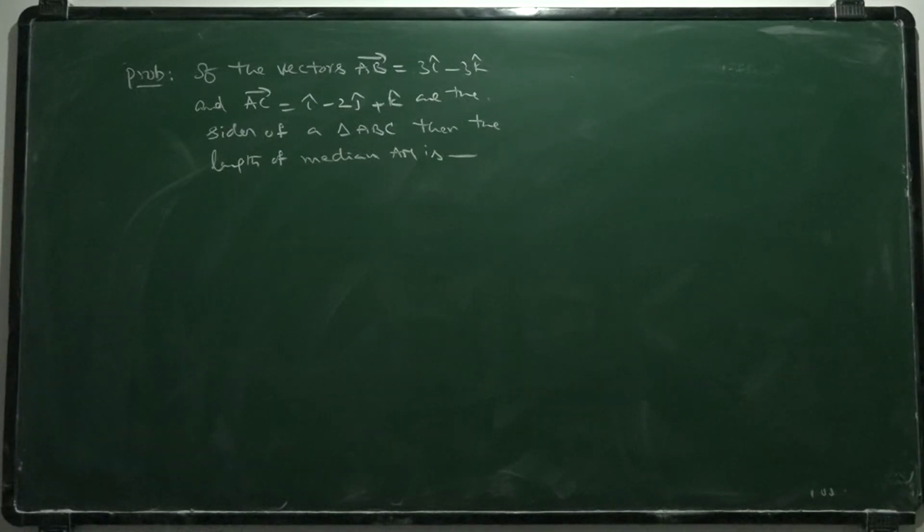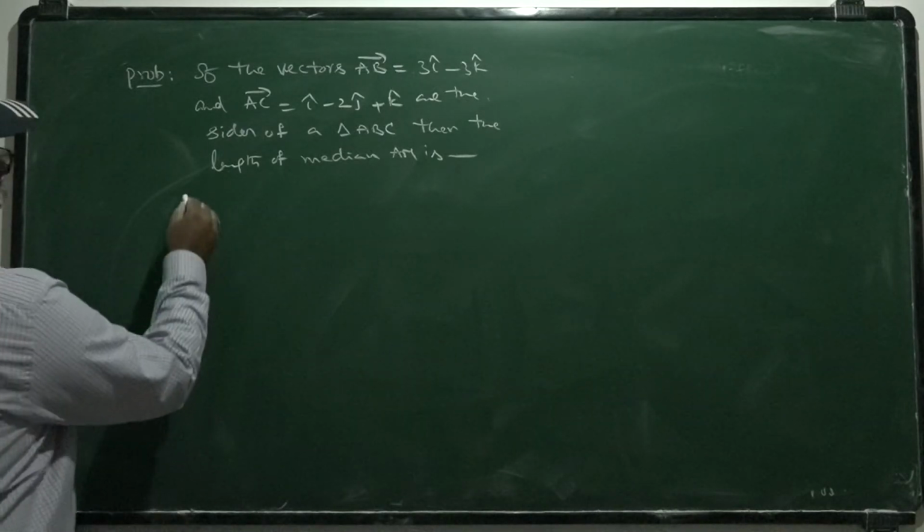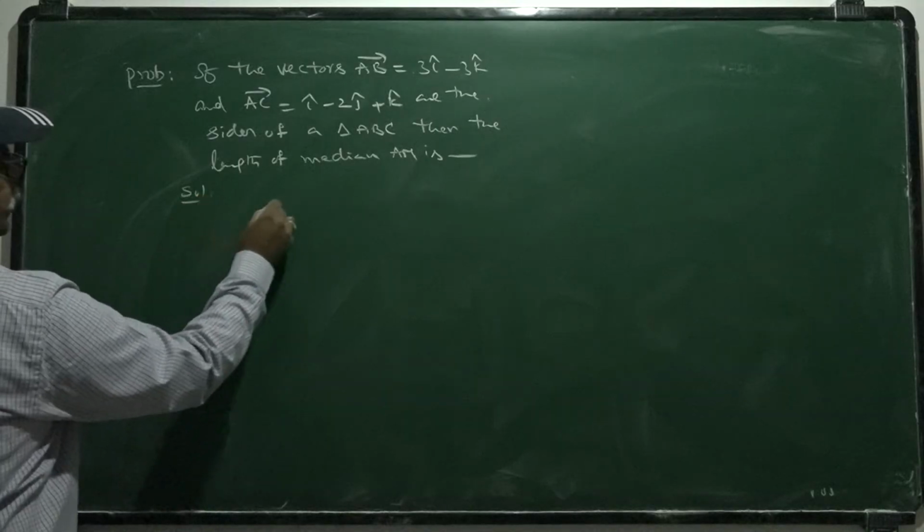If the vectors AB bar and AC bar are the sides of the triangle ABC.